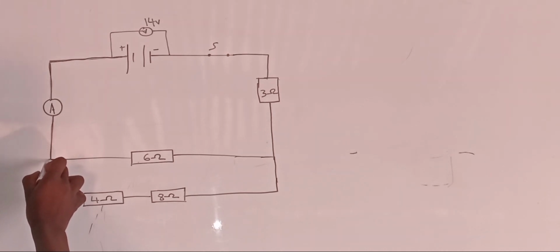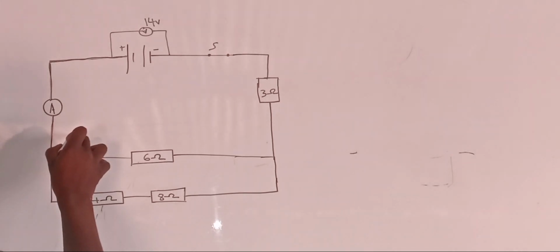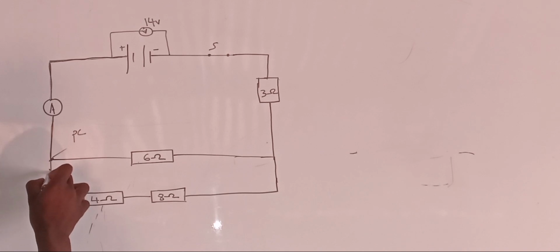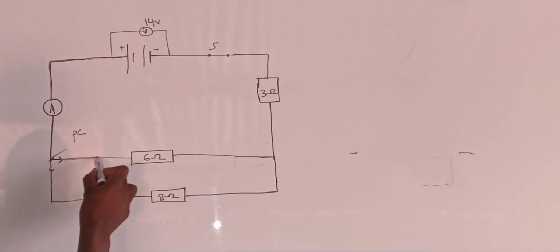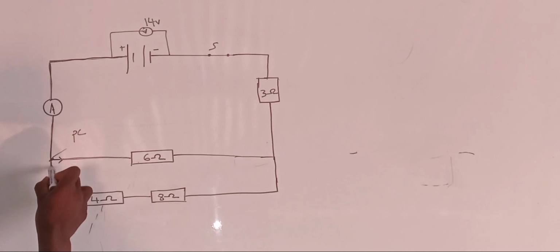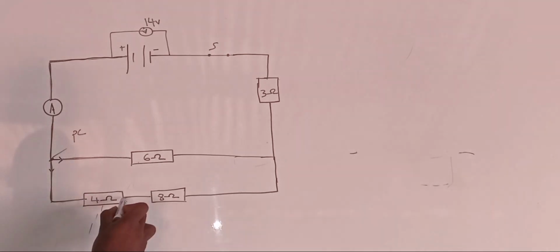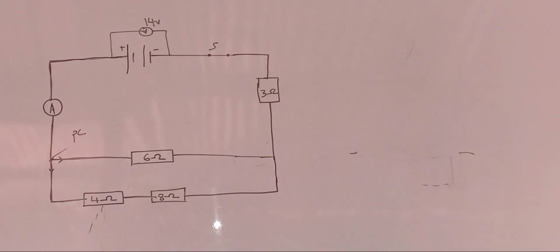Then at this point, this is where the parallel connection is introduced, meaning that some current will go to resistor number 6, and this one will come to the 4 ohm resistor and the 8 ohm resistor. You can see that the current that gets into the 4 ohm resistor is the very same current that gets into the 8 ohm resistor.